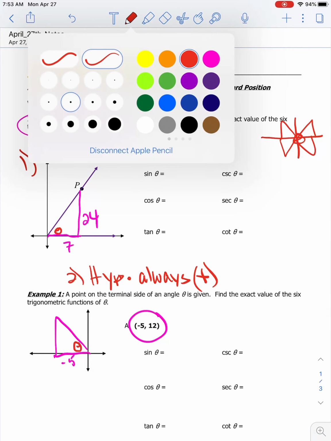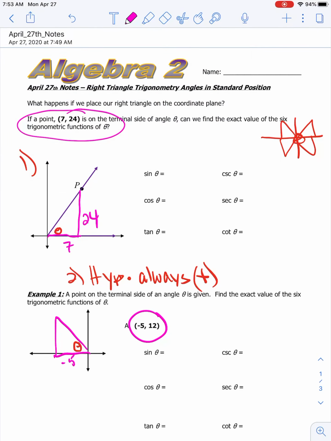Okay, so when we do the Pythagorean theorem here, we have 7 squared plus 24 squared equals our hypotenuse squared. So I'm just going to make this an x up here. And you have 49 plus 576 equals x squared. So that's 625 equals x squared. So x equals 25. So this one is 25.